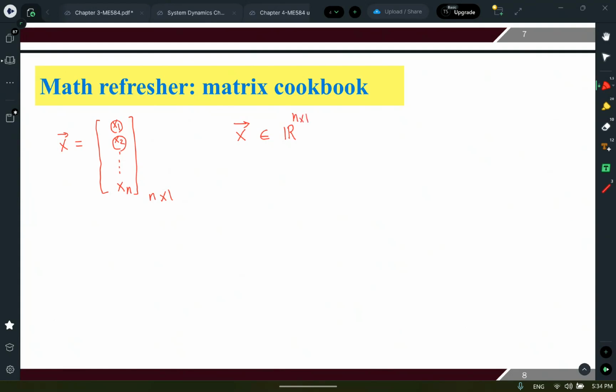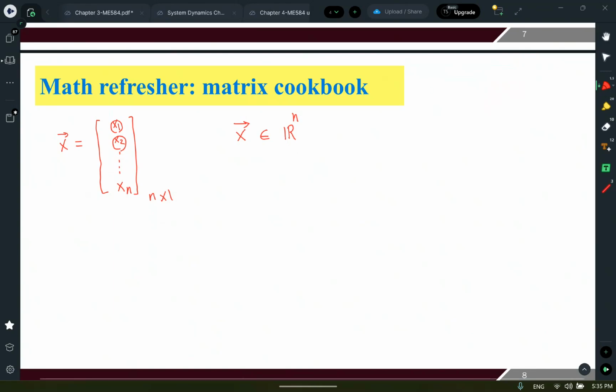And most of the time for vectors, since 1 is redundant here, we show it with Rn. It means that this is a vector with n number of elements, and all elements in my vector are in fact real numbers. This big R here shows a set of real numbers.